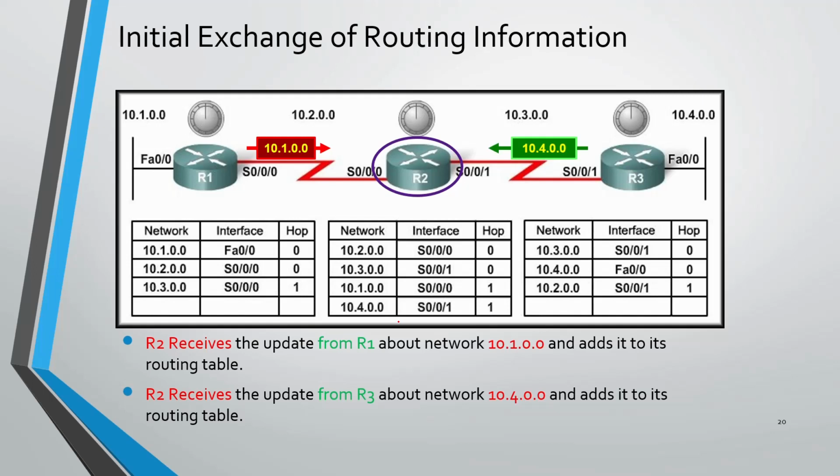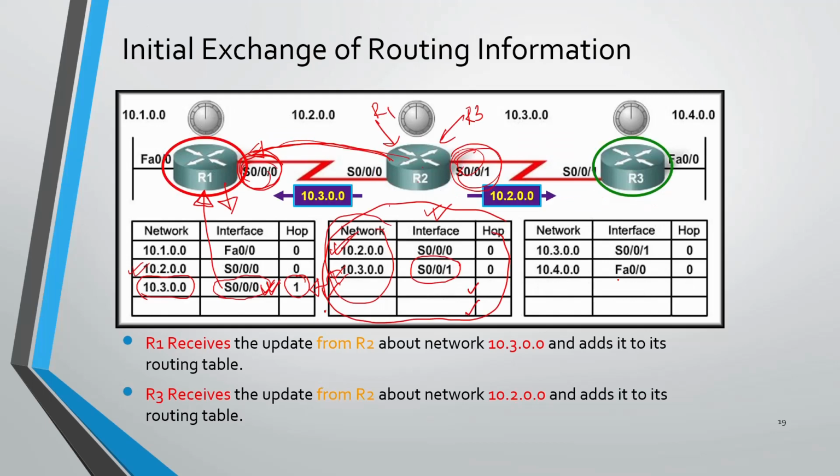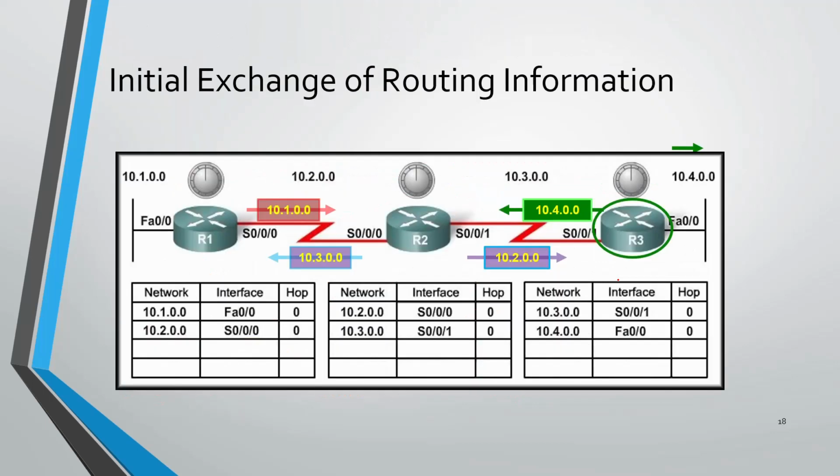Again, for router 3, who is going to send the information to router 3? Only router 2. Router R1 doesn't know R3, that's why the routing table of R1 will not be shared.